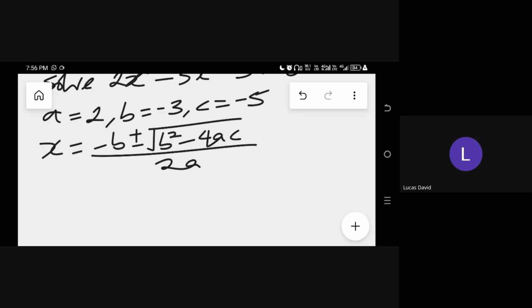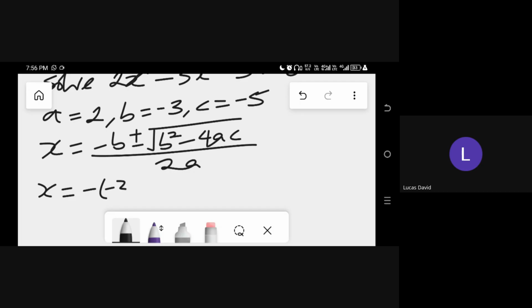Okay, and this is the formula we're using, and then substituting, we say x equals minus B, then B carries a negative 3. So B is negative 3. So here we now have to say x equals minus bracket minus 3, because that's in the formula: minus B, then B itself is minus 3. So that's minus bracket minus 3.